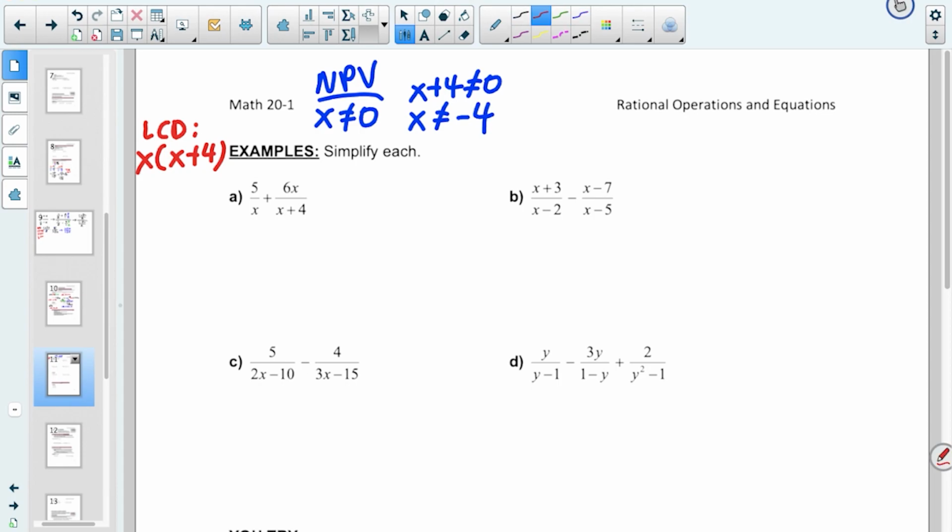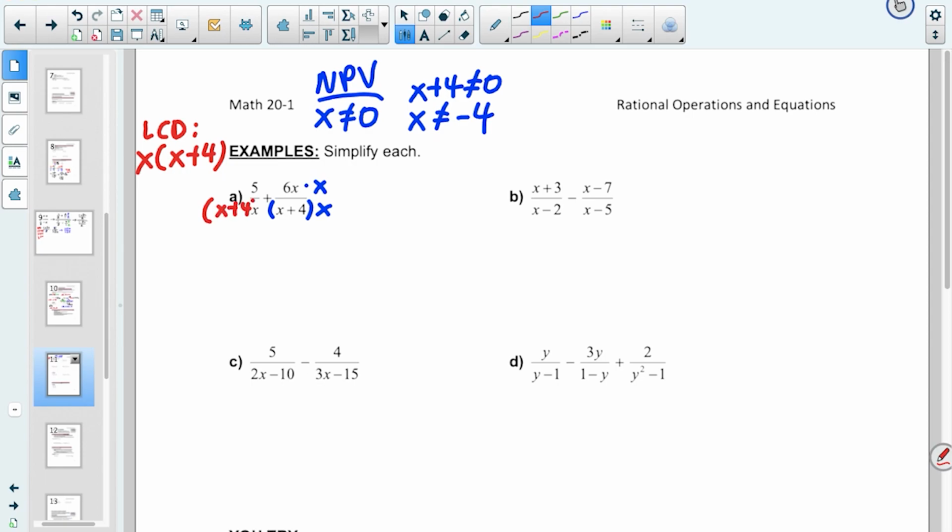So let's go ahead and multiply our numerator and denominator of each rational so that we have common denominators. So you'll see here for the binomial on the right, we are missing an x. So let's multiply the bottom by x and multiply the top by x. For our rational on the left, we're missing an x plus 4.